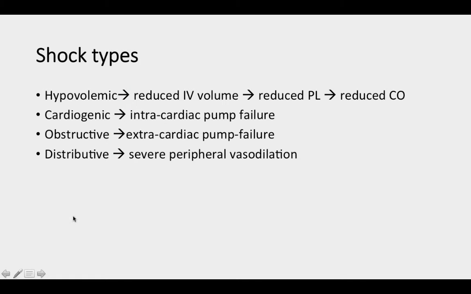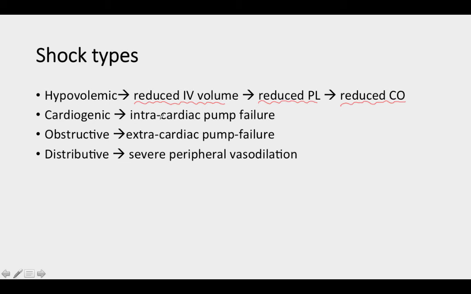And just to reiterate why each type of shock takes place, hypovolemic shock takes place because of a reduced intravascular volume. If you have a reduced intravascular volume, you have a reduced preload or end diastolic filling pressure, and because of that, you have a reduced cardiac output.